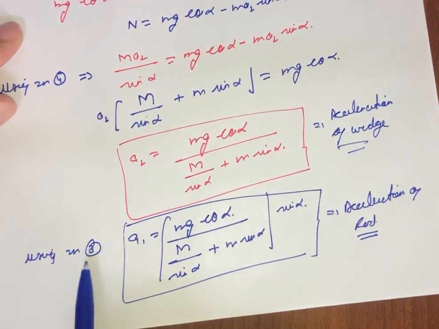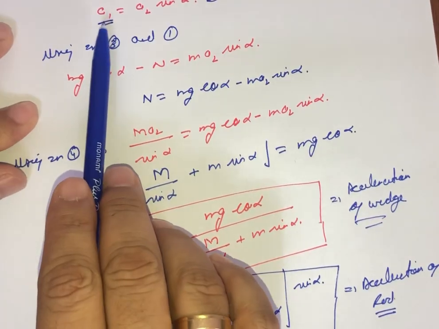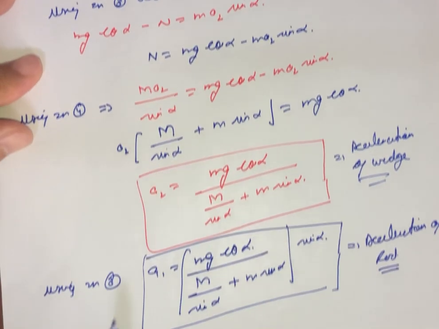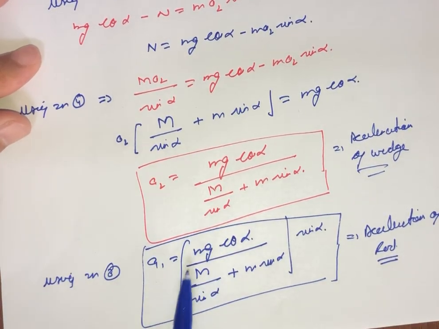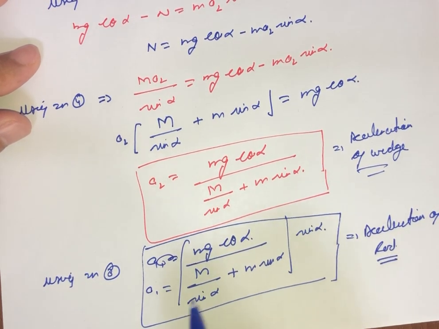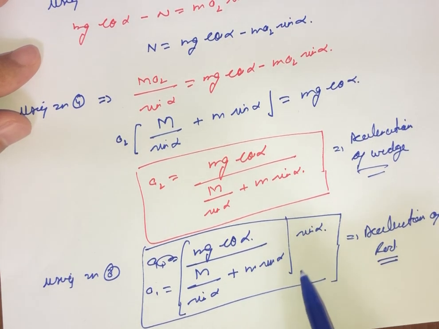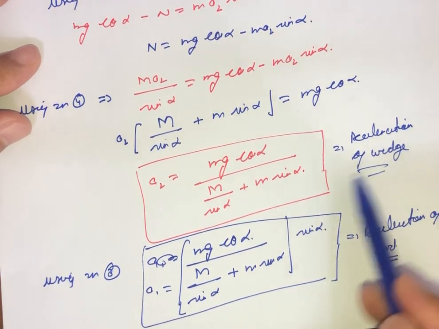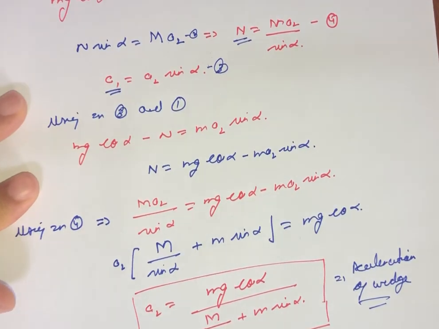So simply we used equation 3, which is A1 is equal to A2 sin alpha, and we put the value of A2 here, and we get the value of A1 directly. This is the acceleration of the rod and the acceleration of the wedge. Thank you.